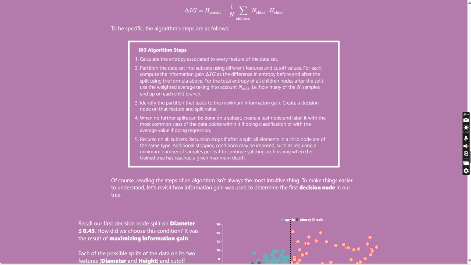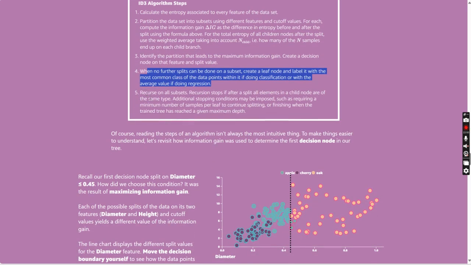And for the next split, we again identify the partition that will give us the next maximum information gain, and on that basis we'll do the splitting. This process is repeated until no further splits are done, recursively for all the data points, until we reach the maximum depth that we have specified. We specify beforehand what the maximum depth is.